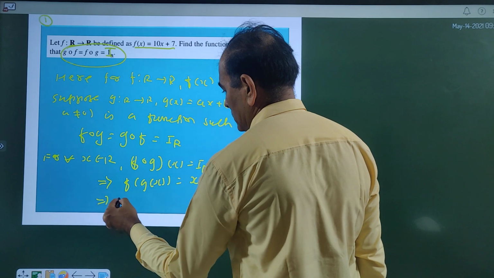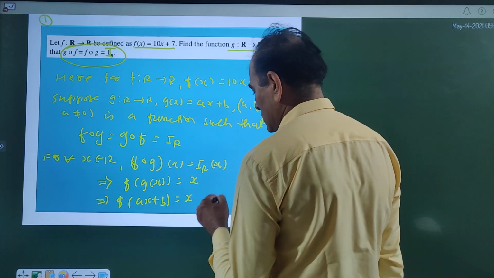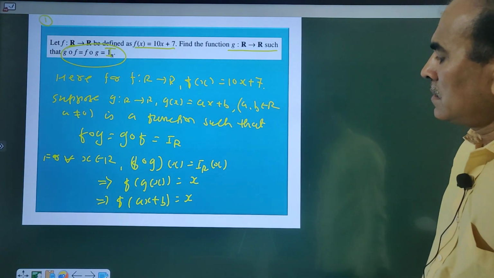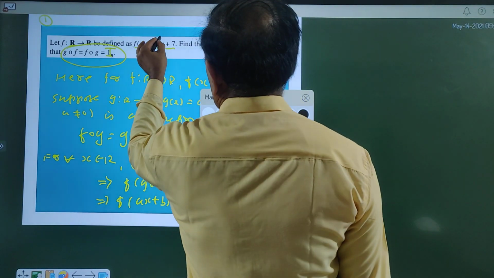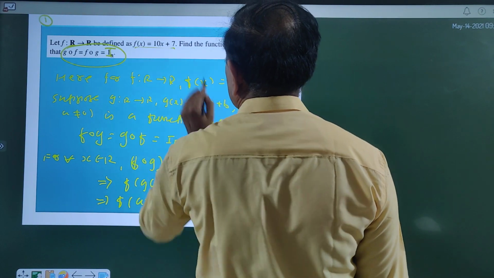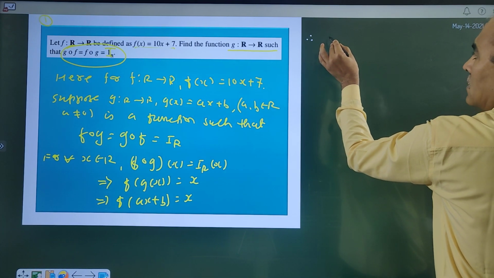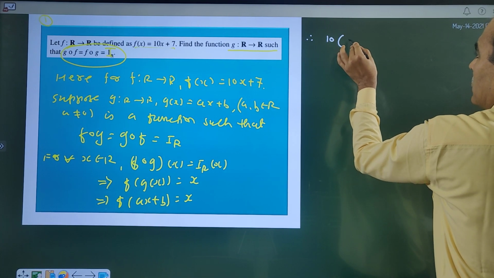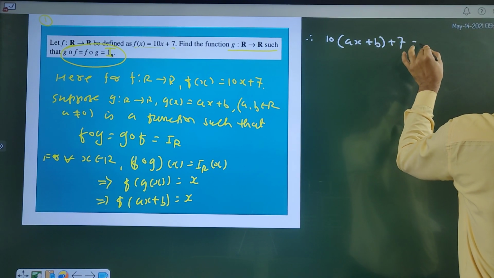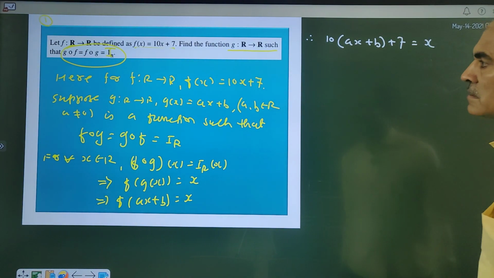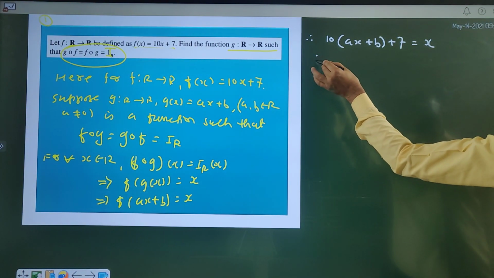What is f of g of x? f of ax plus b is equal to x. Now what is f(x)? See here, 10x plus 7, and therefore 10 times (ax plus b) plus 7 is equal to x. Yes or no? Yes.